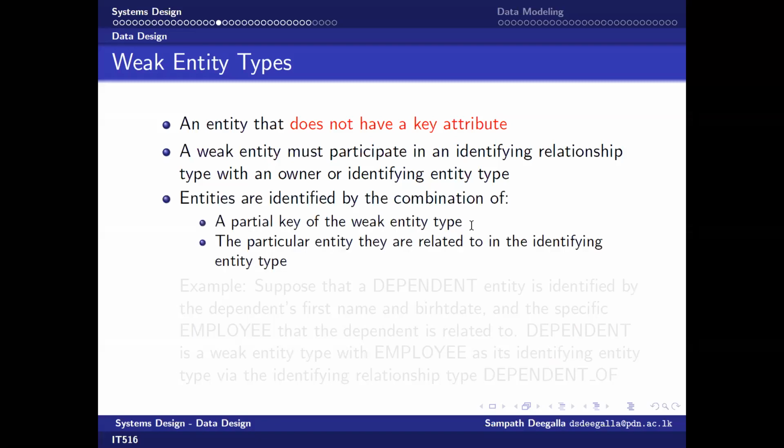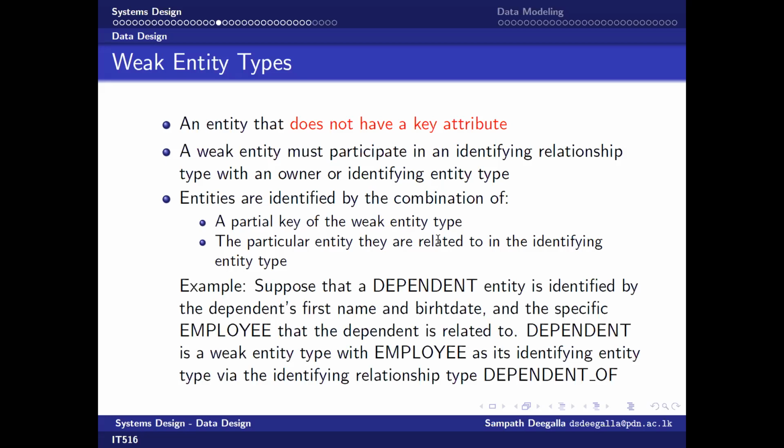So we need to identify the entities, one with a partial key. That means for a weak entity type, you have to define what we call the partial key. You use a dashed underline, along with the entity related to the identifying relationship type.